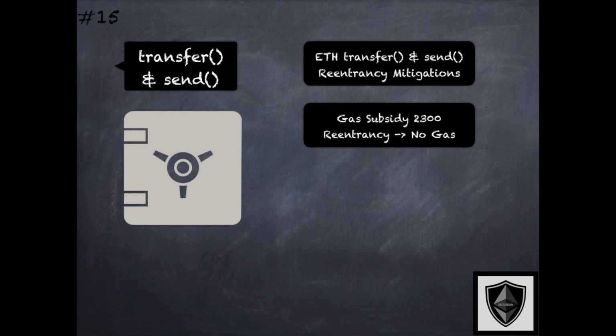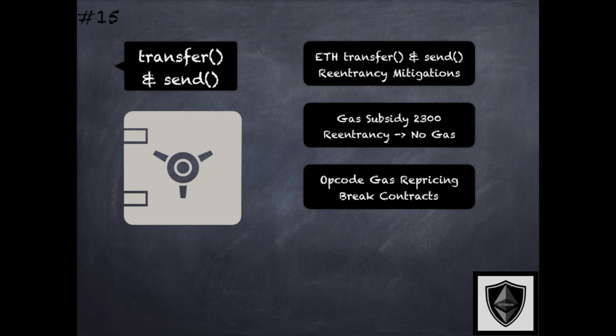And this gas is not enough to make a reentrancy call back to the calling contract, which requires more than 2300 gas. So this has been recommended for a long time as a security best practice for preventing reentrancy attacks.